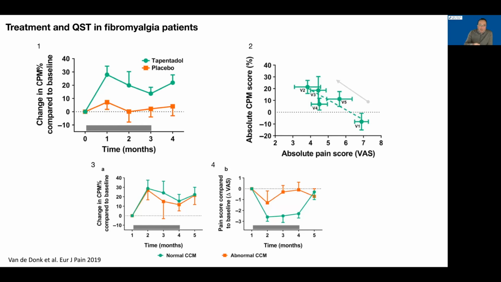And you can see that in the remaining graphs, for instance, on the bottom right side, you can see that pain scores decreased significantly, and that it was really related also, this is quite interesting, to C fibers in the cornea.